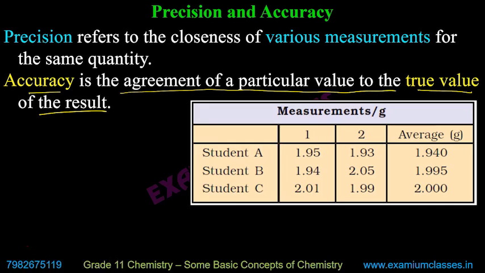This says student A measured something, B measured something, and C measured something. Remember the true value is 2 grams. True value in this case means actual value.